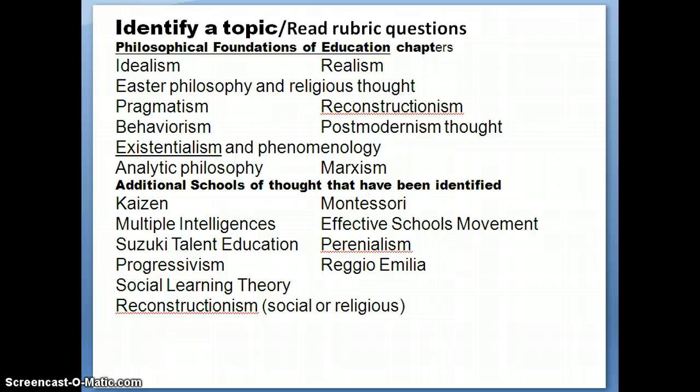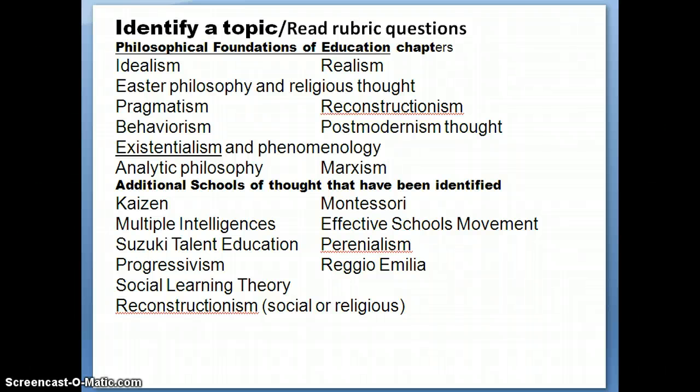There are at least 3 Montessori schools in the Wichita area. Multiple intelligences: if you have a background in education, you'll know the work of Howard Gardner, and enough said on that. Effective Schools Movement: you'll hear a lot more from me in this class about the Effective Schools Movement, so I'll hold off on that.